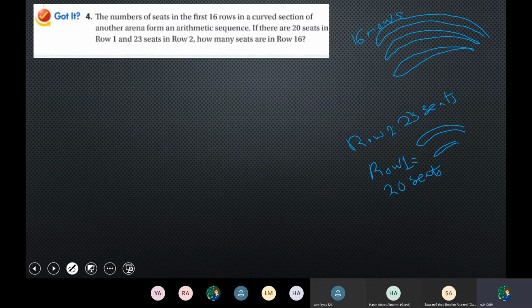Now I want to find how many seats are in row 16. Sarah, I want you to help me find that.